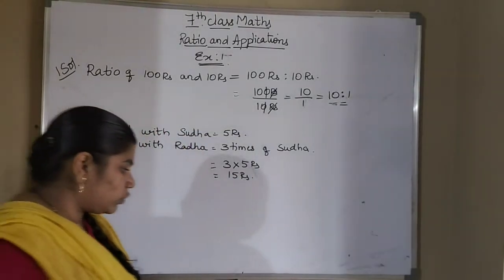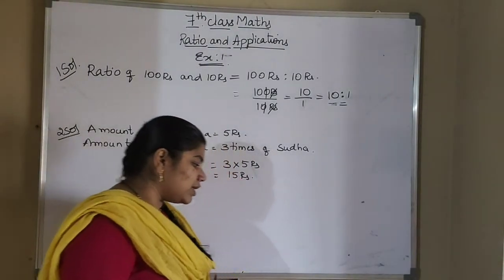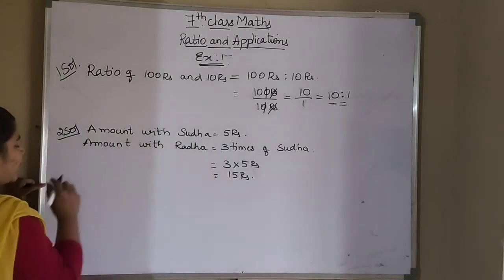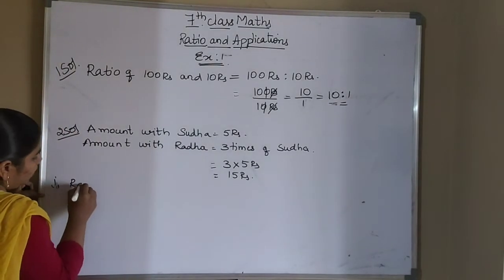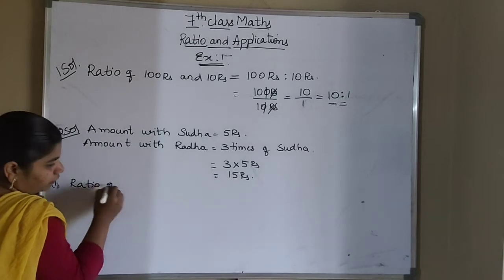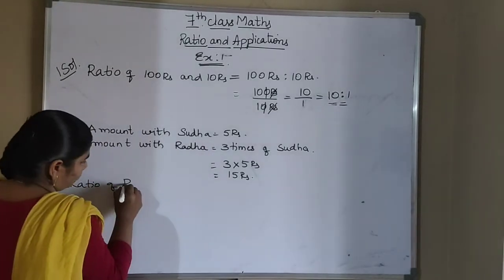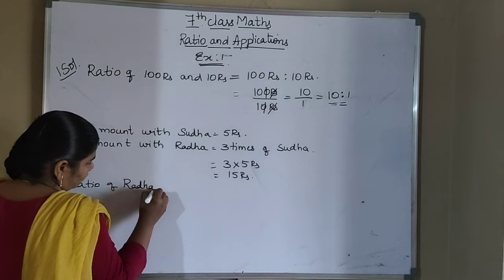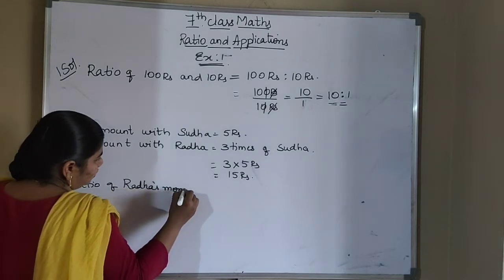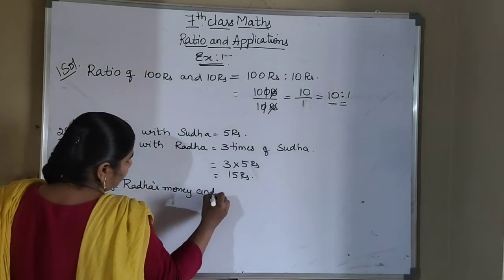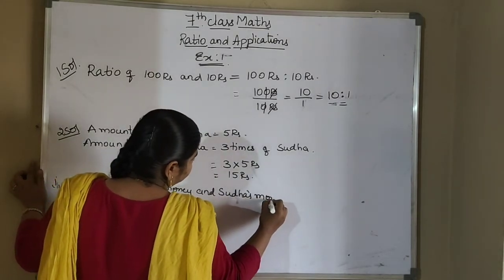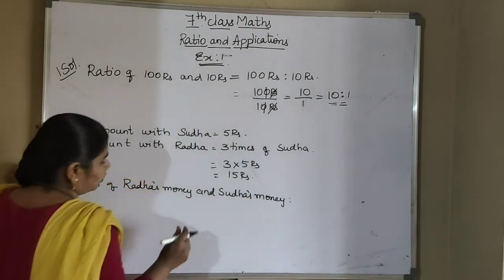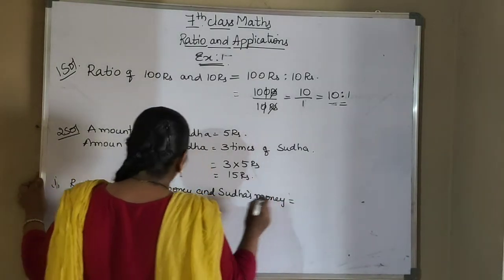Okay. So next question. What is the ratio of Radha's money and Sudha's money? We have to find the ratio. So in this first part, the ratio of Radha's money and Sudha's money. So how many rupees are there with Radha?